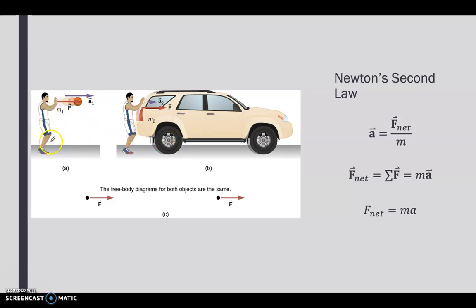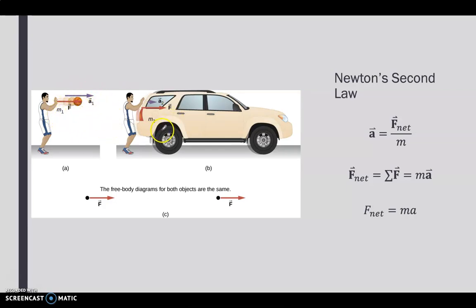Say we have a basketball player and he pushes a basketball forward with some force, okay? The acceleration is going to be pretty high, and that amount of acceleration is represented by the length of the vector here. And the basketball has some mass m1.